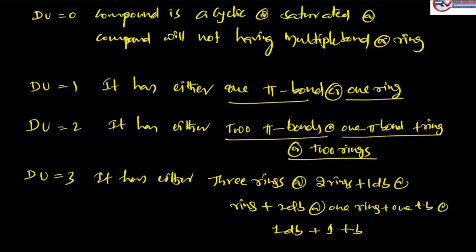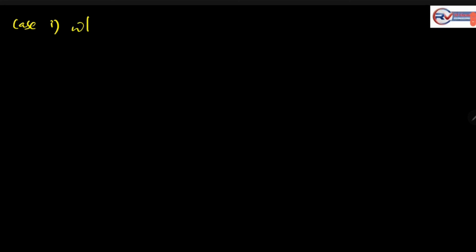So how to find DU based on structure and on molecular formula? Let us see these DU possibilities. In case 1, when the structure is given, how to find DU?